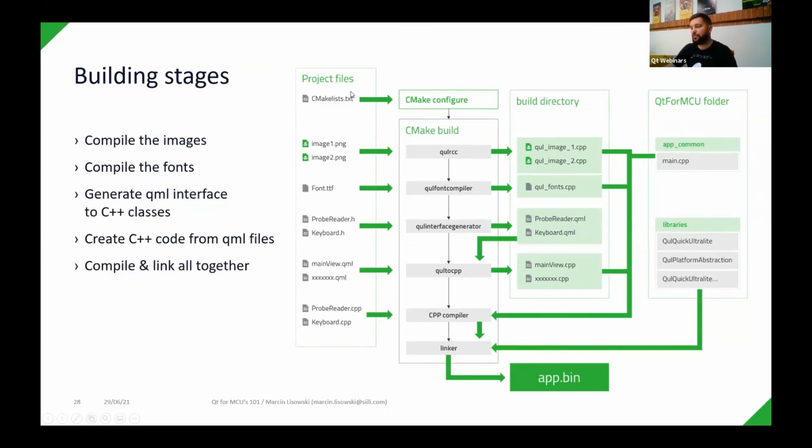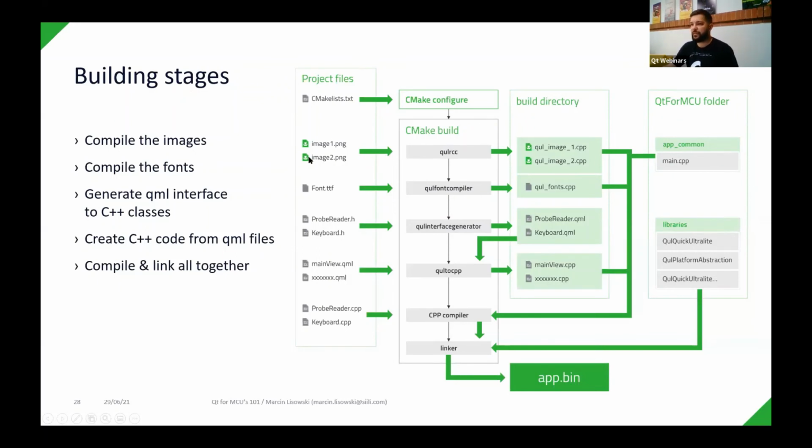So the first thing that will happen is, of course, the root CMakeLists.txt file, which defines your CMake project at all. Everything that will happen with your application in the compilation process is defined in your CMakeLists.txt. And the next step is to compile the images, if there are any, for your application.